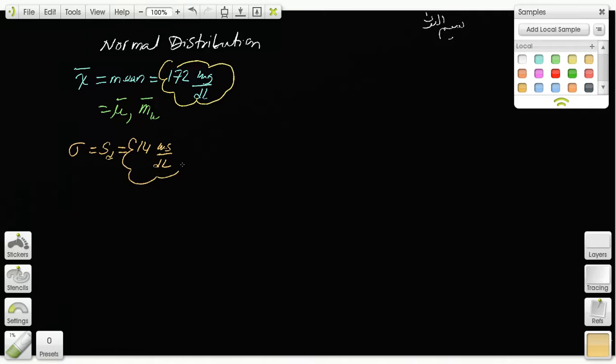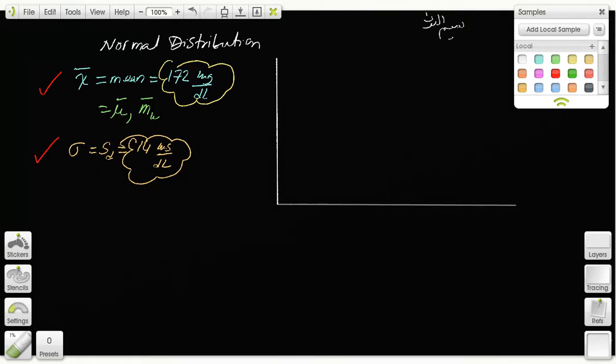So we know the mean and we know the standard deviation. The power of the empirical rule is that you're given just two pieces of information, and you can gather a lot of information from them. So I'm going to construct a hypothetical normal curve based on this information.